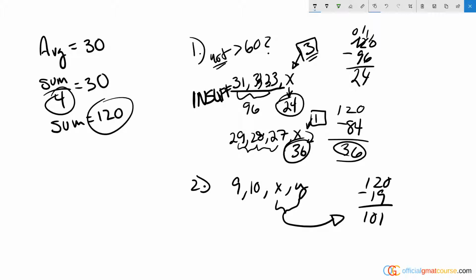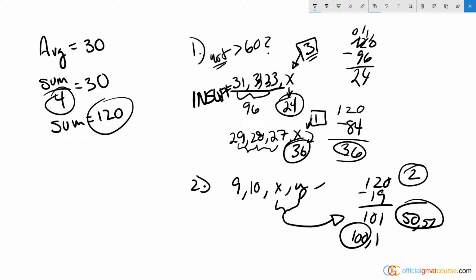So it's possible that we could have 101, in which case only one of the numbers would be over 30. Or we could have 50 and 51, in which case we'd have 2 numbers that were greater than 30. So I could either get 1 or 2 numbers greater than 30, which means it's not sufficient to tell me exactly how many numbers were greater than 30.